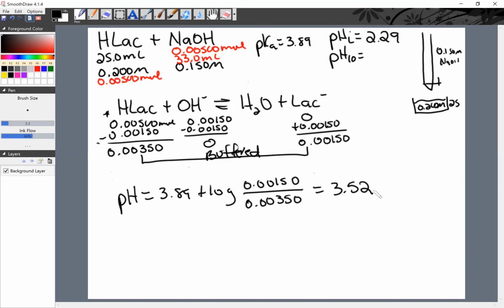All right. Should we still be acidic? Yes, there is still lactic acid floating around. Did I expect it to go up by that far? Okay, relatively. It is buffered. So remember, I started at 2.29. I am now at 3.52.